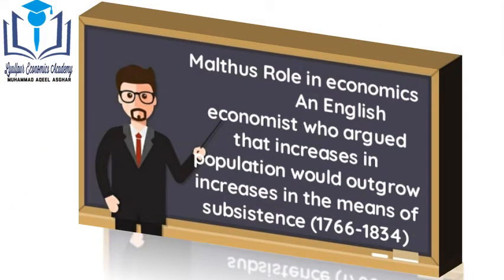Malthus' basic view in economics: as an English economist, he argued that increases in population would outgrow the means of subsistence. 1766 to 1834.